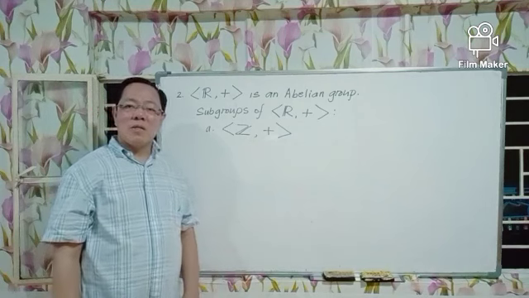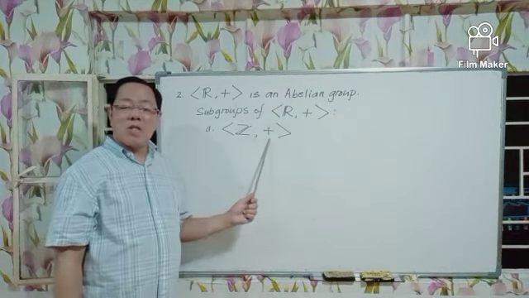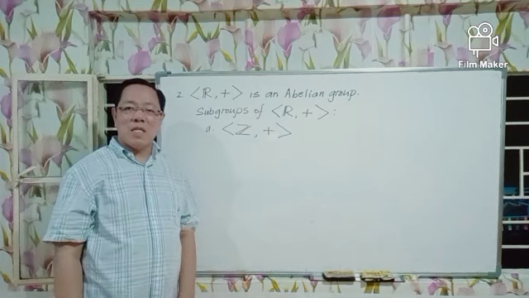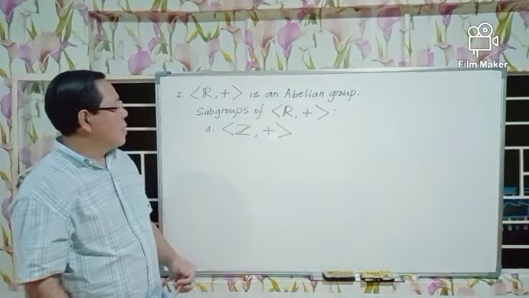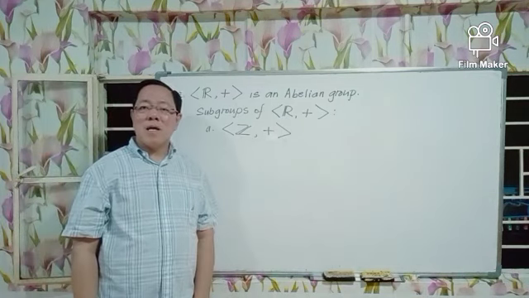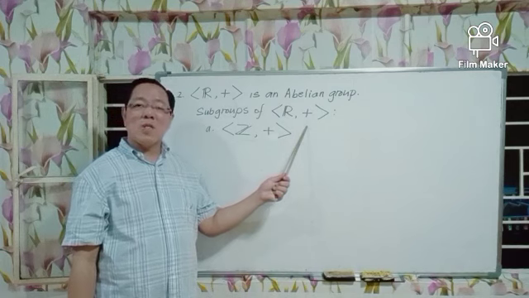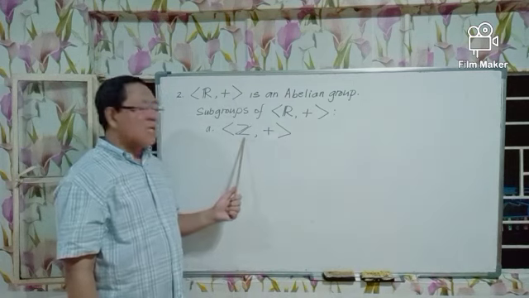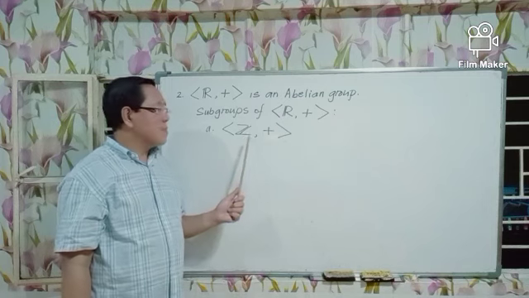Because if you add two integers by the operation addition, the sum is again an integer. And the identity element of the set of real numbers under addition, which is 0, is also contained in the set of integers. 0 is an integer.